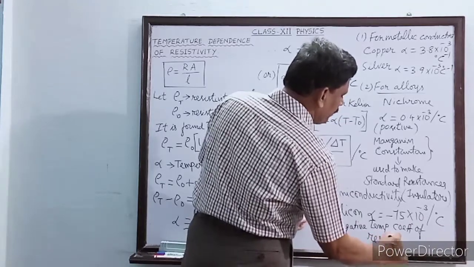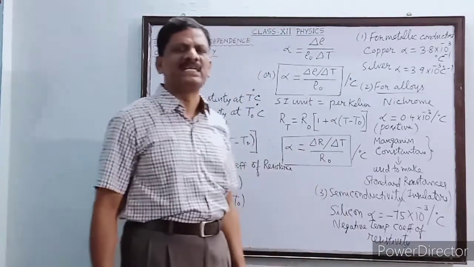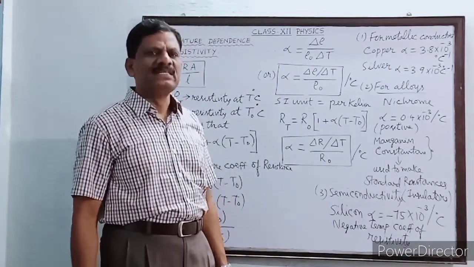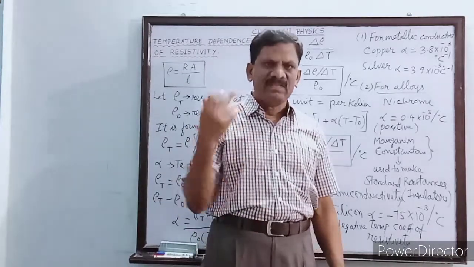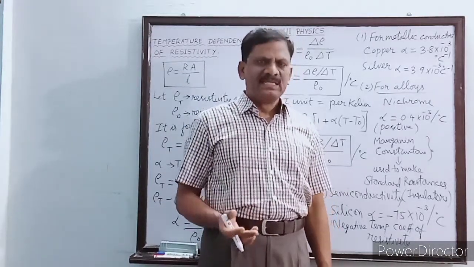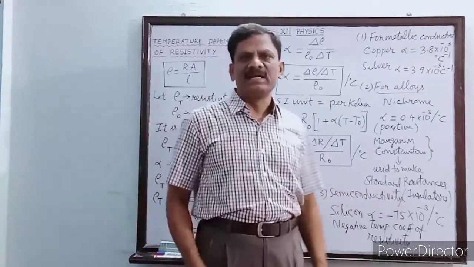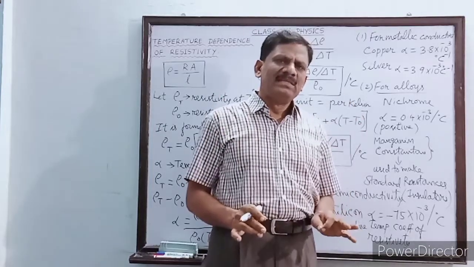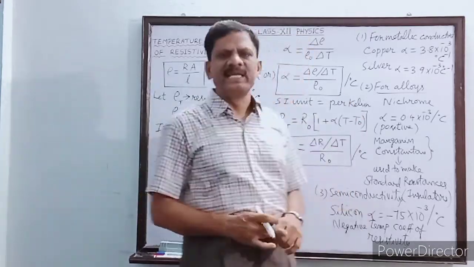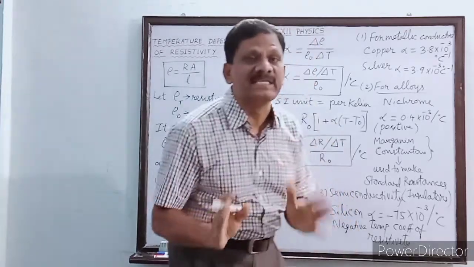What do you mean by saying that a material has a negative temperature coefficient of resistivity? That means its resistivity and resistance both decrease with increase in temperature. In which materials does it happen like that? Both in insulators and semiconductors. In general, if for any material the alpha value is negative, such a material is called a thermistor.